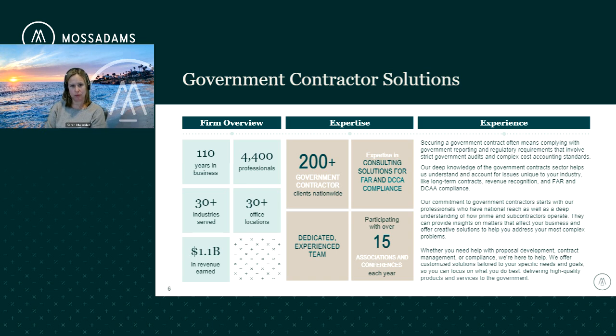What truly sets us apart is our specialization in government contracting, among other specialties. This dedicated group of professionals focuses on helping clients in sectors like aerospace, defense, and technology navigate the complexities of federal regulations. Whether it's compliance with FAR, DCAA audits, or cost accounting standards, our team is here to guide clients through these challenges.